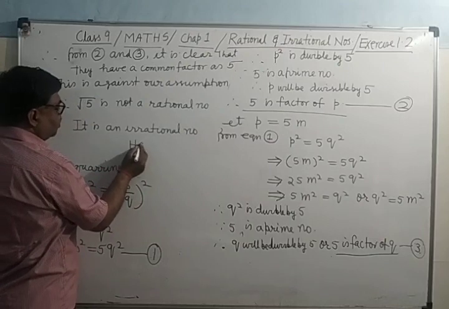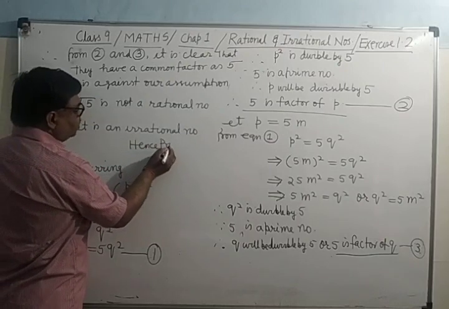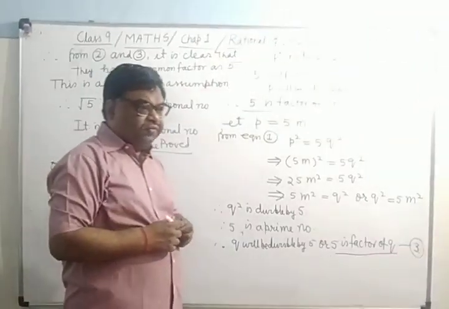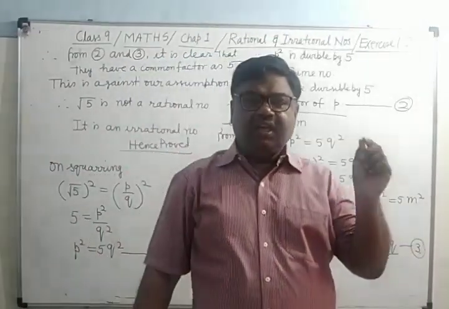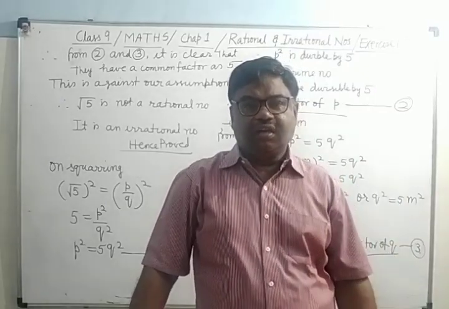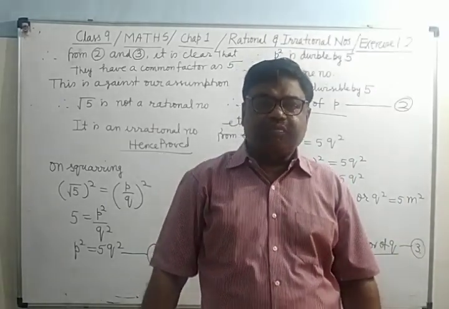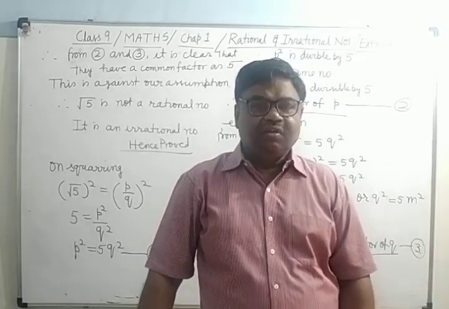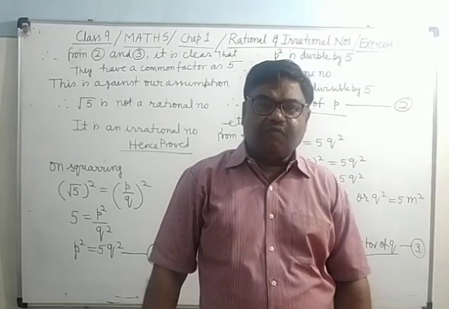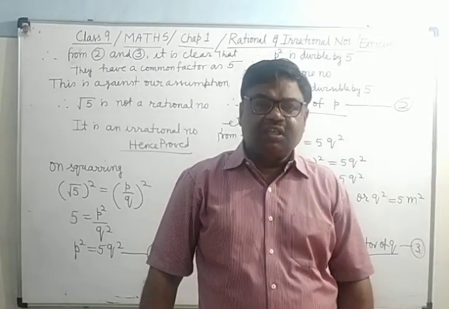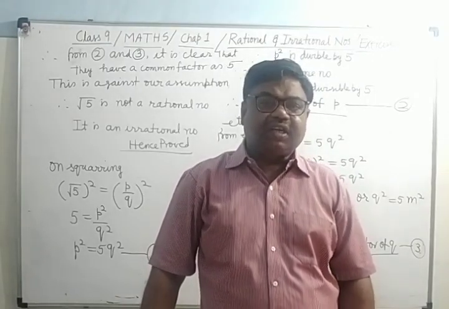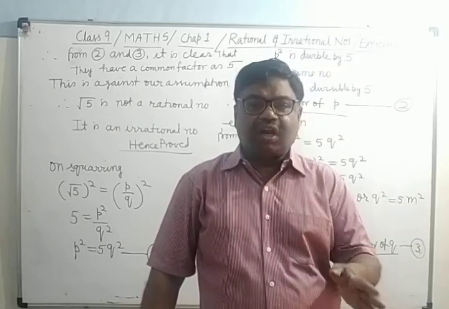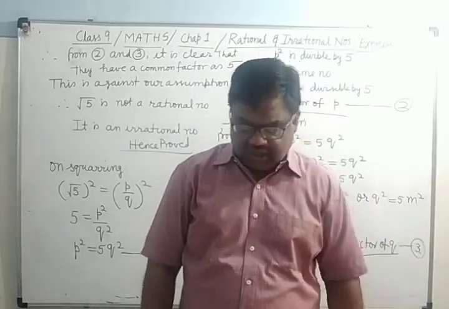Hence proved. So this way we will do: we assume that it is a rational number, and then prove something which is against the property of rational numbers. Since our assumption is contradicted, it will not be a rational number, which means it will be an irrational number.